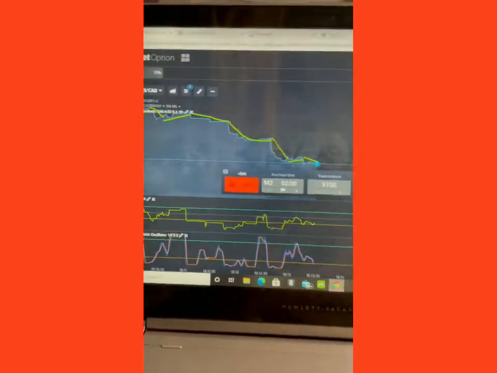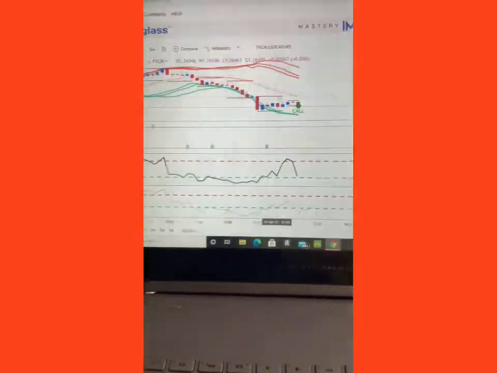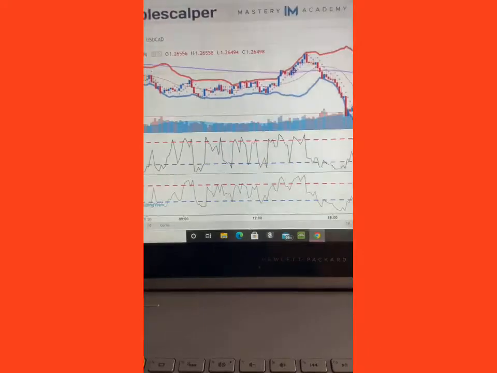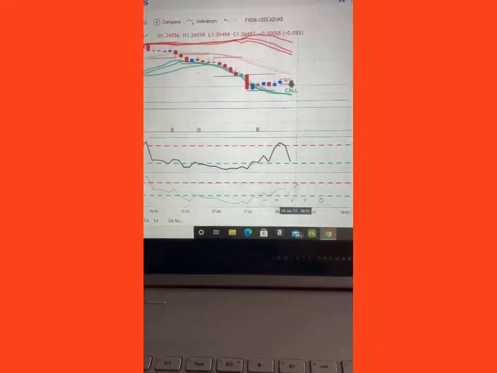We have 3-minute trades. So this is my USD/CAD, and we're going to get in for a strong sell, okay? Mind you, you want to see what the market is doing. This is going for a call, and it said the same thing on the Liberty Scanner, a call, but it's not calling. The black line is breaking down.